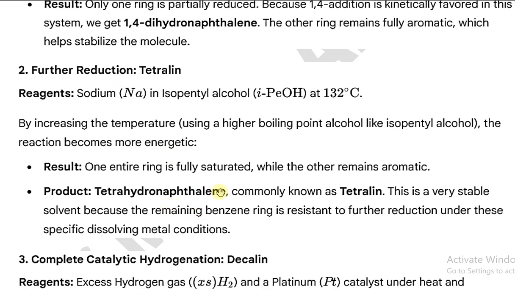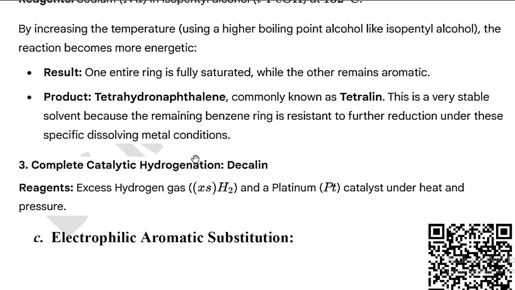So the product, as I said to you, will be tetraline. This is very stable because the remaining benzene ring is resistant to further reduction under this condition. Also, full reduction of both rings can happen.